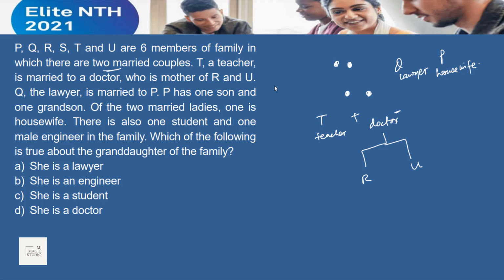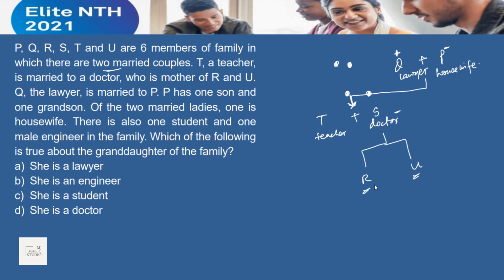P has 1 son and 1 grandson. That means this is how they are connected. Q and P, housewife, lawyer, and then teacher and doctor, R and U. P, Q, R, S. Doctor should be S. There is also 1 student and 1 male engineer in the family.